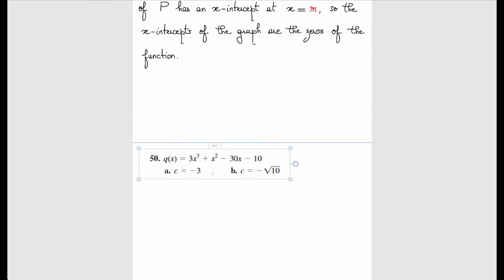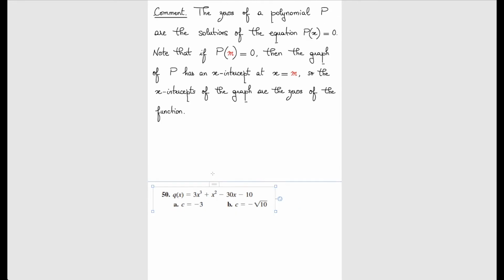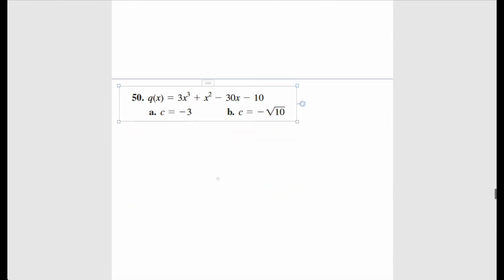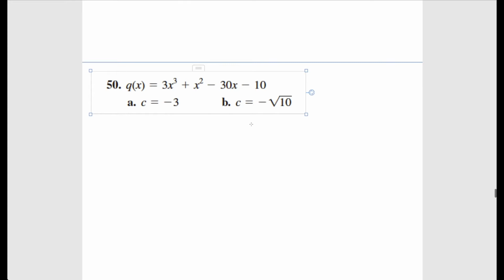This is number 50. So we want to use the remainder theorem to determine if c, in part A and in part B, is a zero of the polynomial. So technically the question in part A is: is q of -3 equal to 0? That's the question, right?